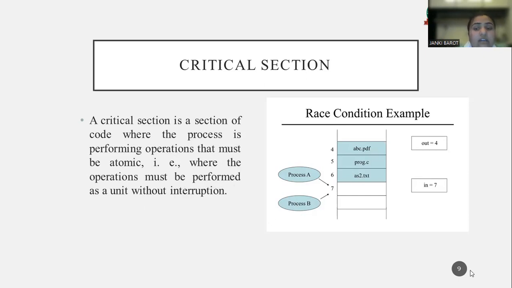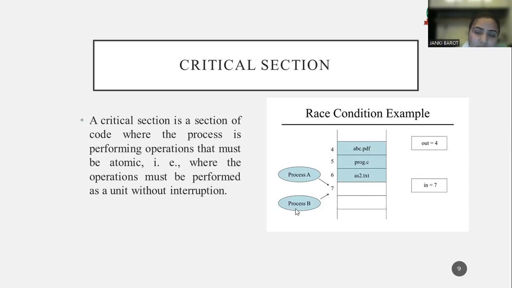Now, if this area is a critical section, then it has a condition that only one process can be executed at the same time, right?